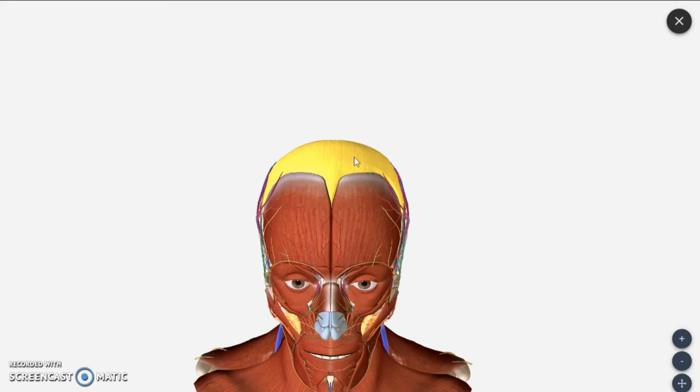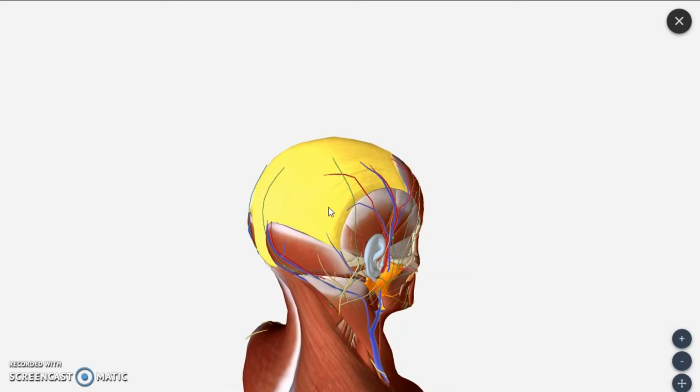Talking about the third layer, we call it the epicranius region, that is, the galea aponeurotica will be seen. Here you can make out anteriorly a muscle, and posteriorly again a paired muscle. Between the two muscles we have the epicranial aponeurosis. So this is the epicranial aponeurosis seen between two muscles.